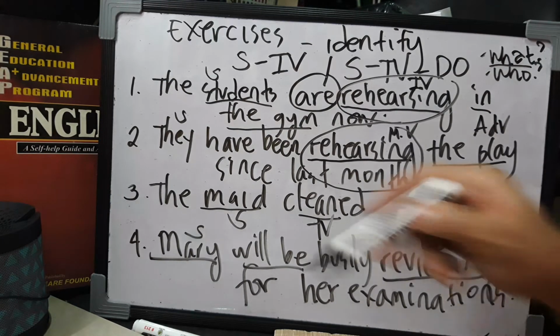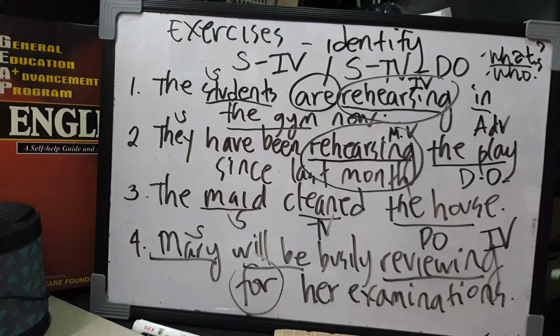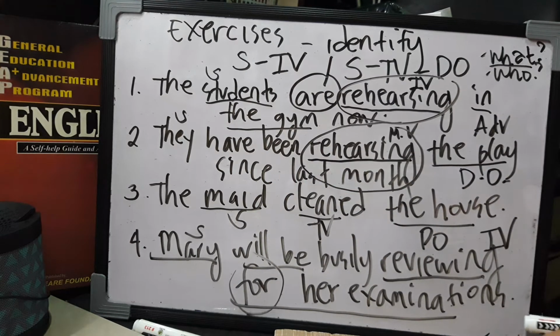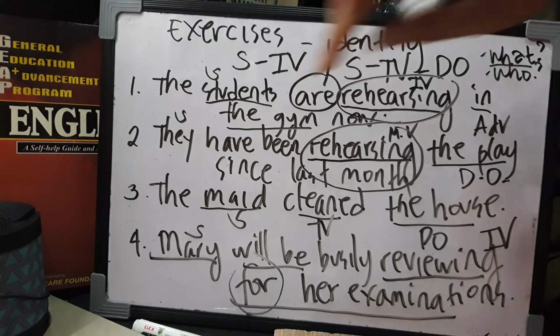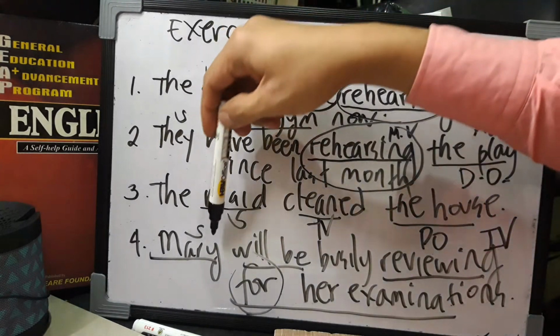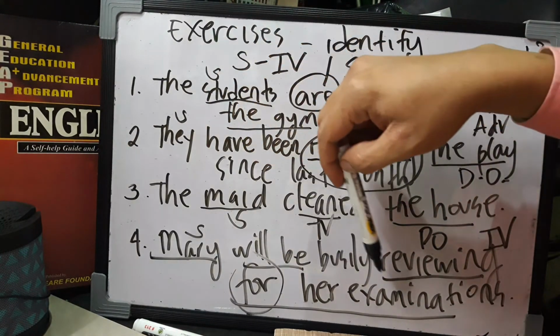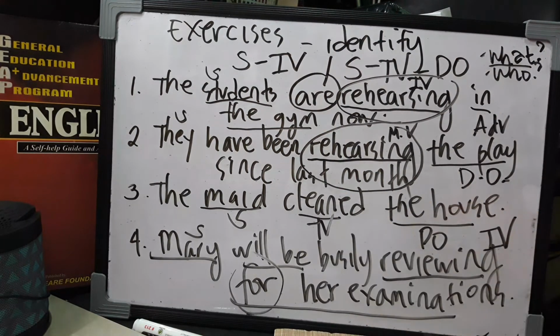No, because in this case, why will Mary be reviewing? Why? For her examinations. So this is an adverb phrase of reason. So do you have a noun here, guys? No, that's why it is an SIV. But then again, when we do it like this, Mary will be reviewing her lessons for her examinations.